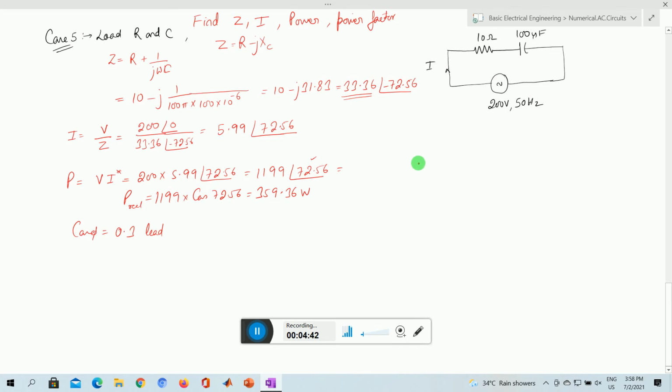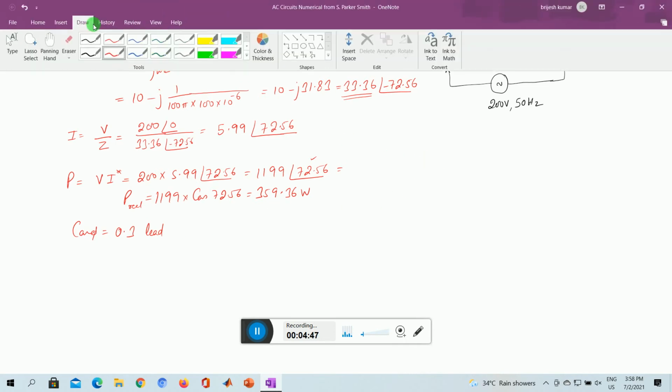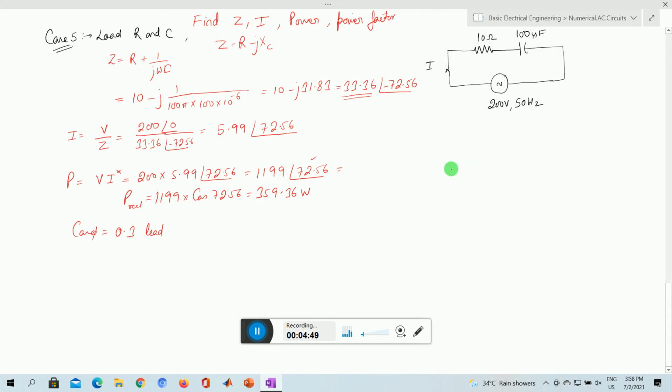So if we draw the phasor diagram, we must draw the reference axis which is flowing through both the loads. So let us take the current as the reference.